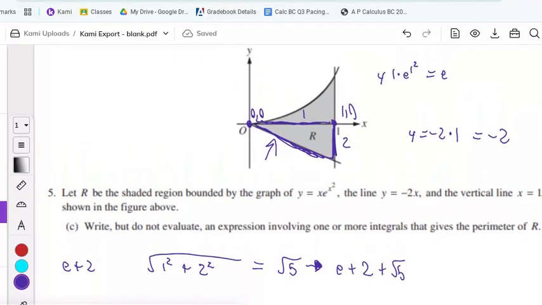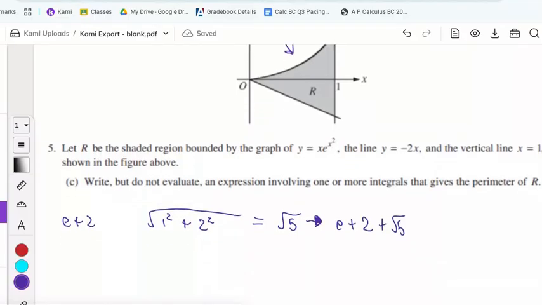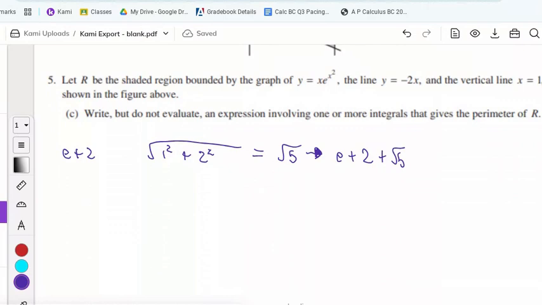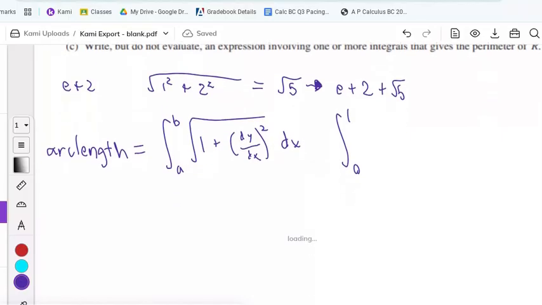Finally, for the last missing piece, we should find the length of this curve right here. To find the length of this curve of y equals xe to the x squared, we'll have to use the arc length formula. The arc length formula is given by this. To start off, we can use our bounds that we found many times earlier, 0 to 1. Afterwards, we'll have to find the derivative of xe to the x squared, and then plug it into our equation.